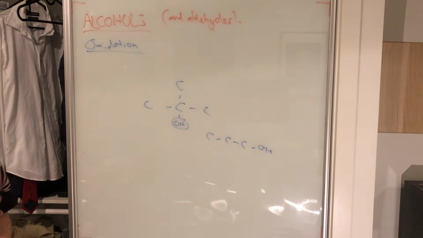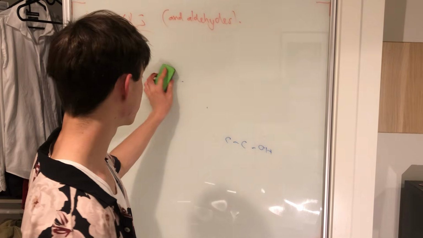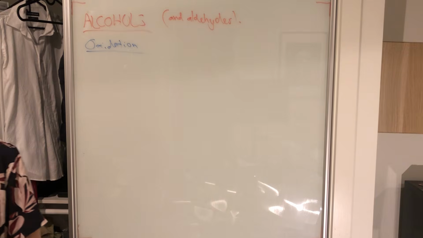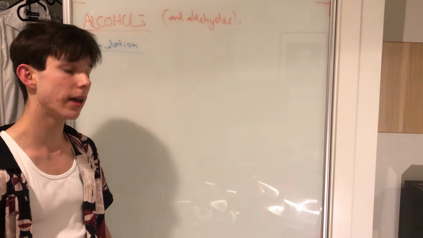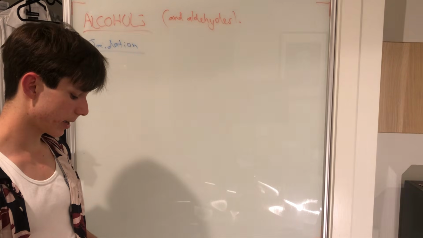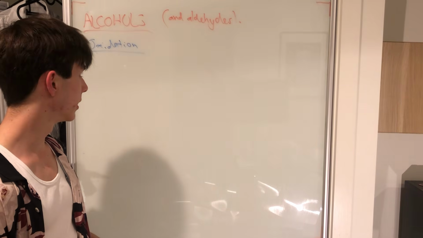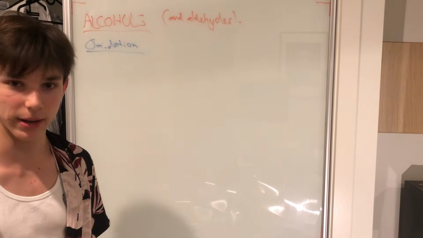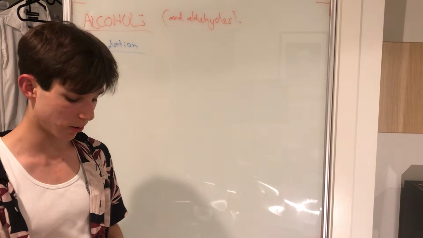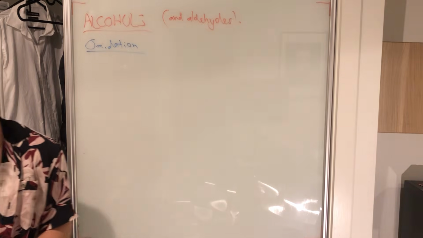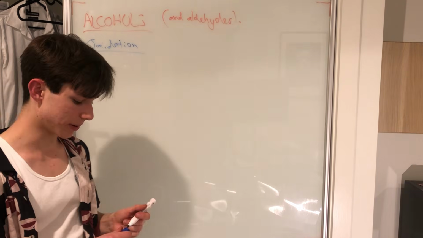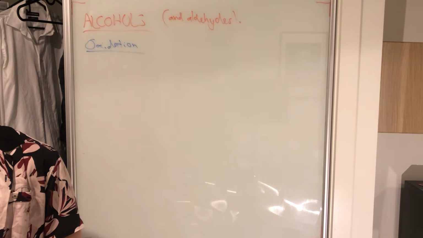So that's something to keep in mind. Primary or secondary will be oxidized, tertiary won't be oxidized. And because there is still some degree of shielding, and they're different molecules, a primary and secondary alcohol will be oxidized in different ways, so keep that in mind. But we're actually going to treat them as different compounds, I guess.